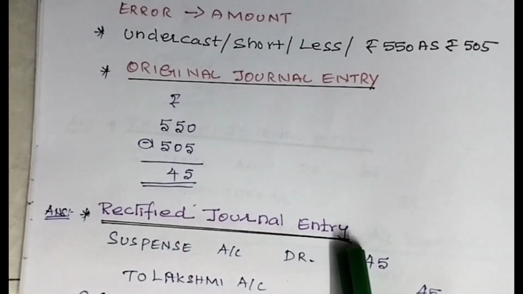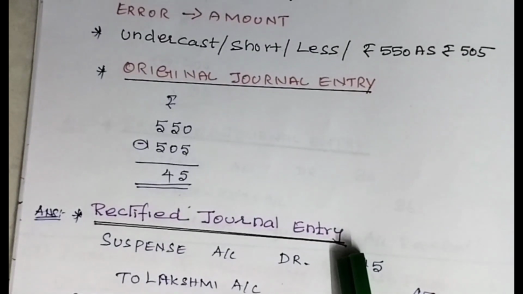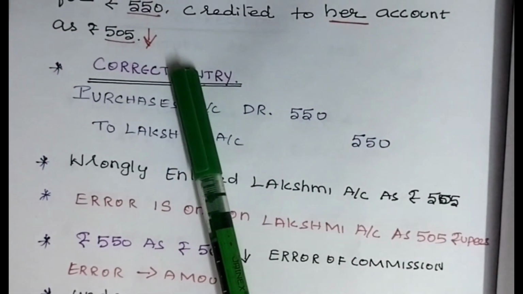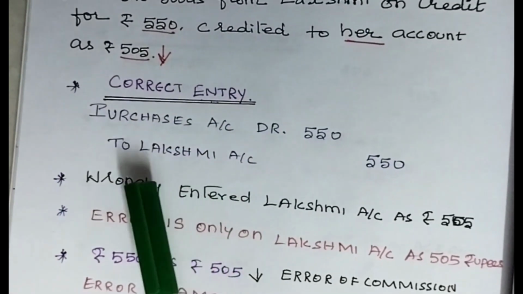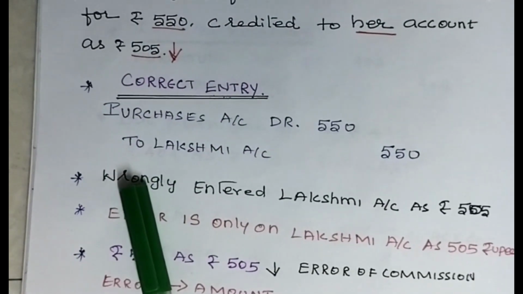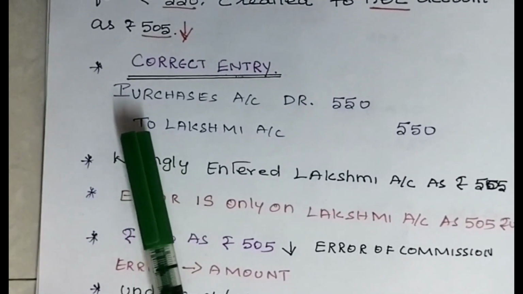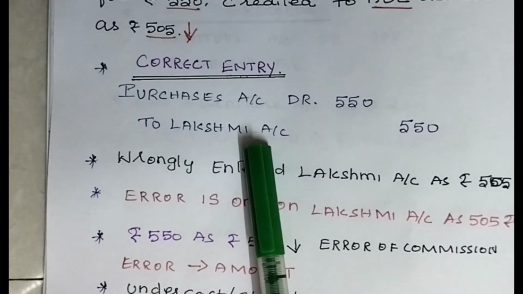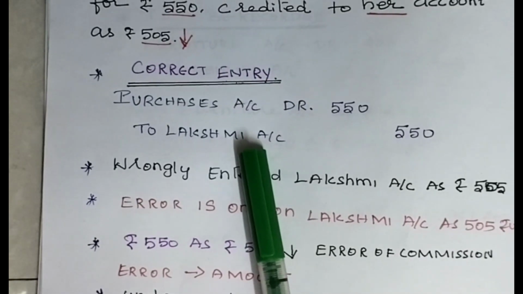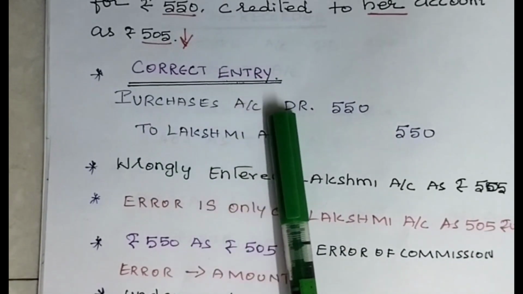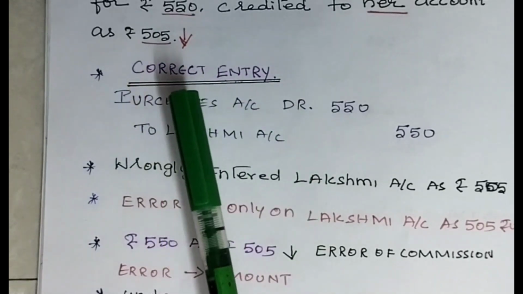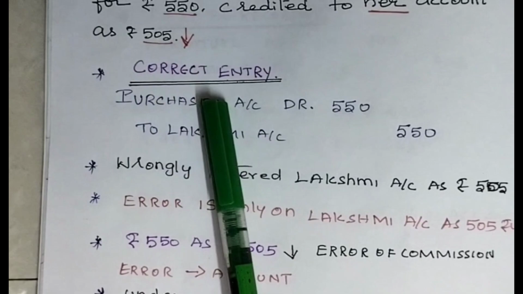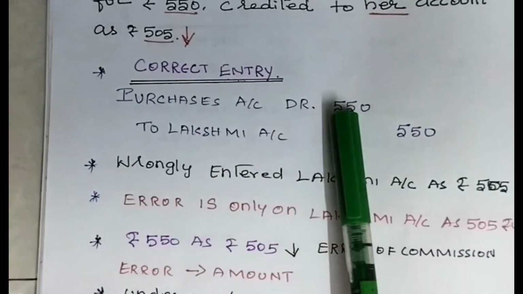To rectify the journal entry, whenever you see undercast, you have to follow the original entry, right? So the error is only on Lakshmi account. So we take the error account. We need not consider the purchases account, because an accountant correctly entered the purchases book rupees 550.